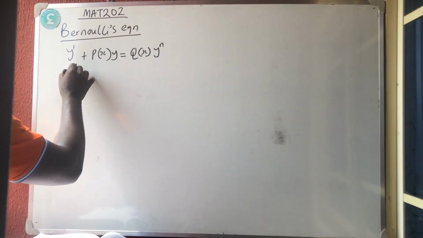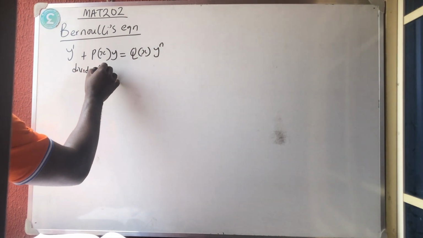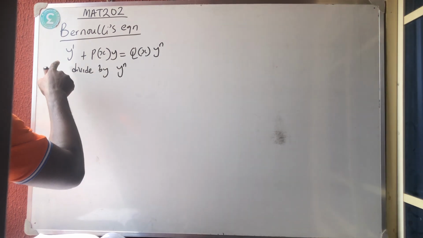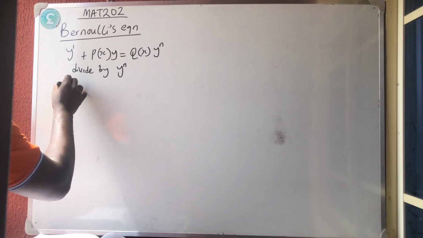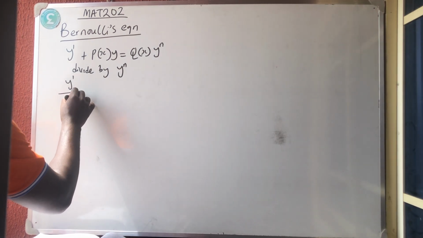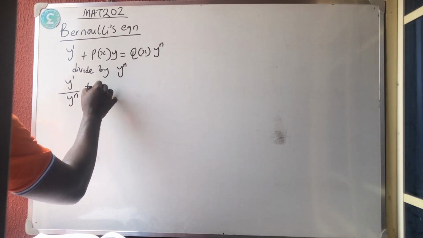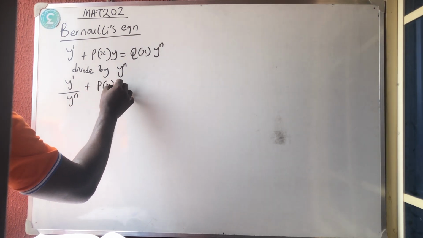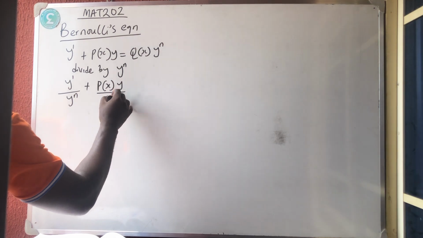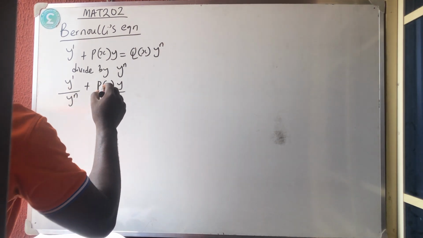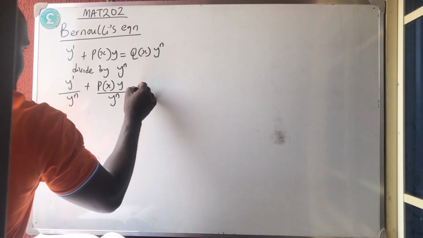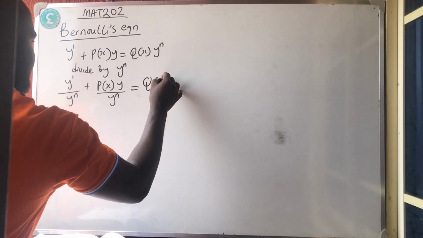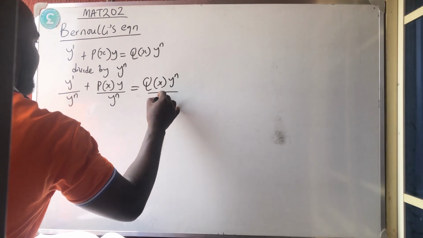So divide by y raised to power n. So I'm having y prime divided by y raised to power n, plus p of x y divided by y raised to power n, is equal to q of x y raised to power n divided by y raised to power n.